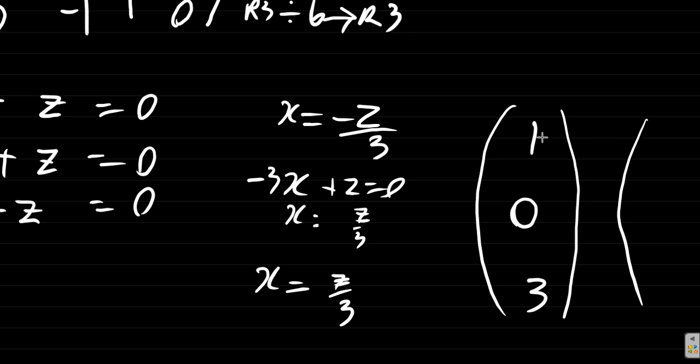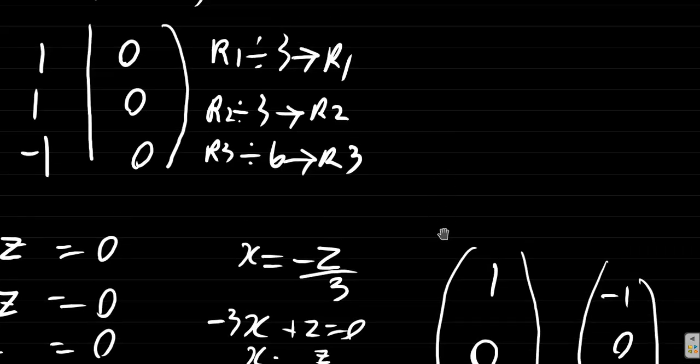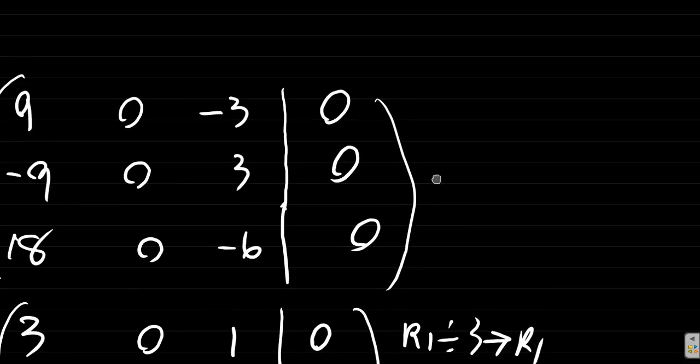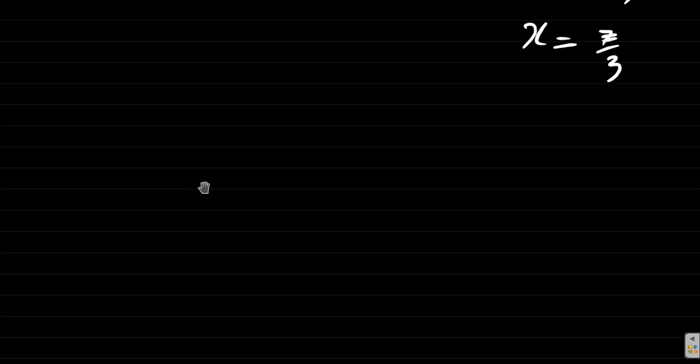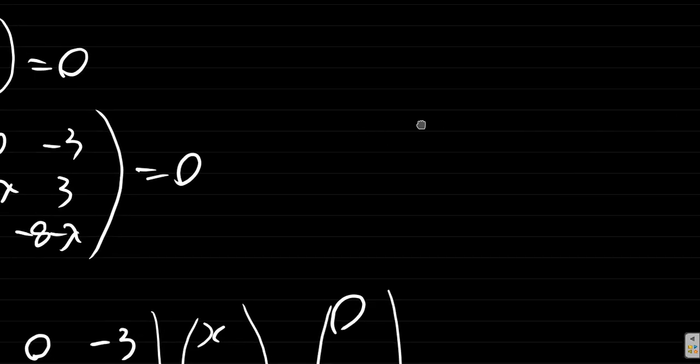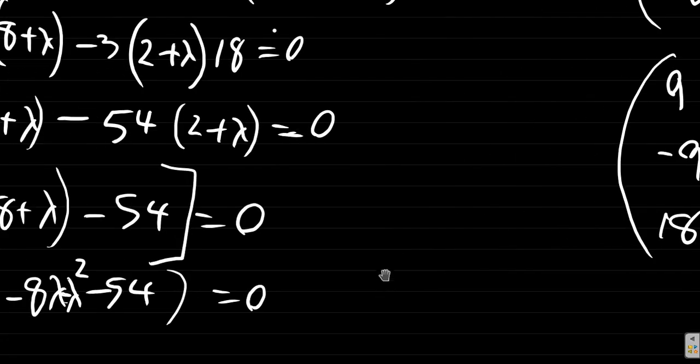So this is plus or minus 1, negative 1, 0, 3. So you have two vectors here. So the eigenvalues were what again?